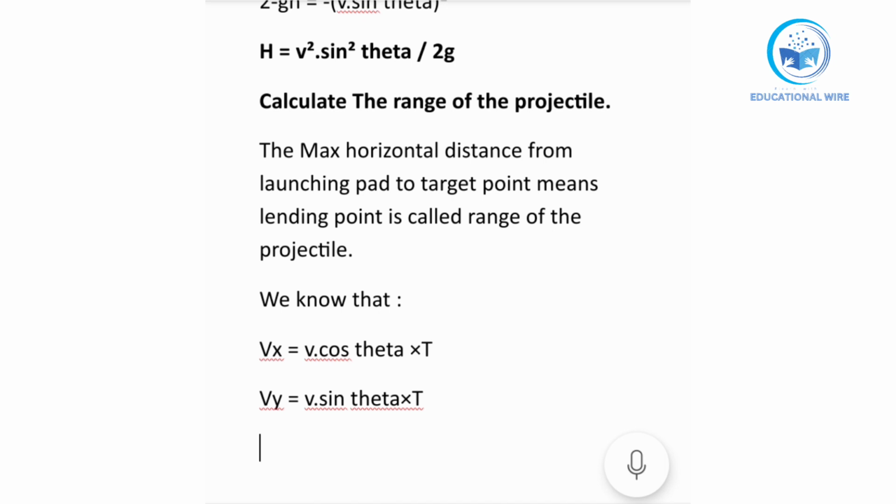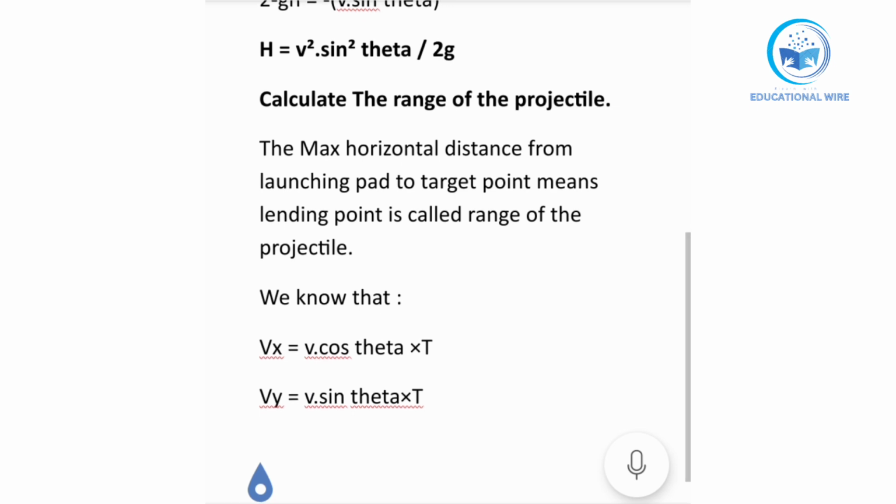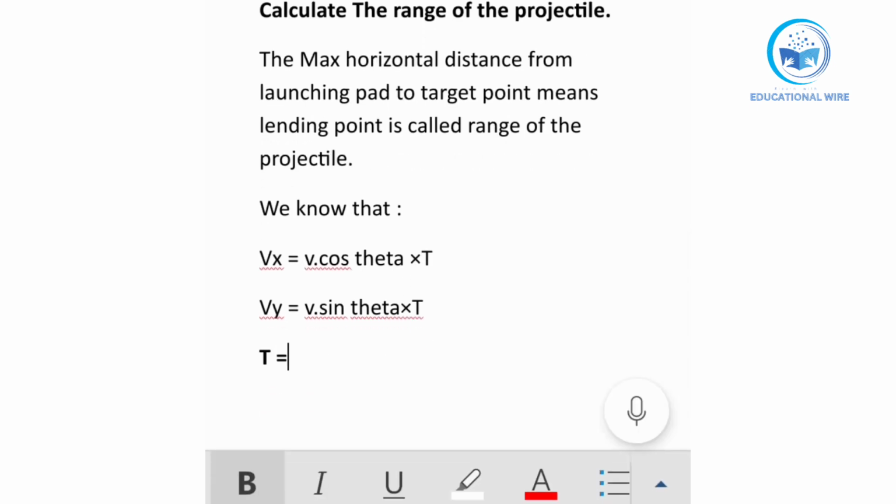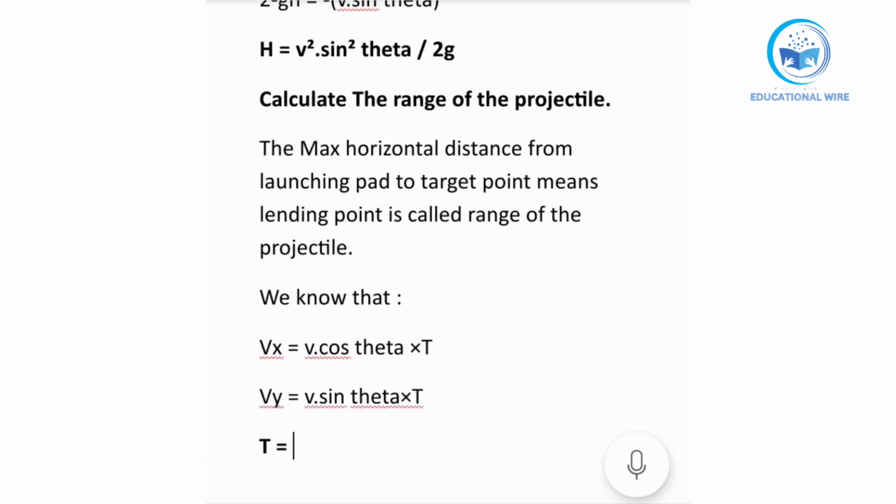Now we will change our t, and we are using the x equation because y is for vertical and x is for horizontal. At the place of t, we know the value of t. Yesterday I solved it: t is equal to 2v sine theta upon g.